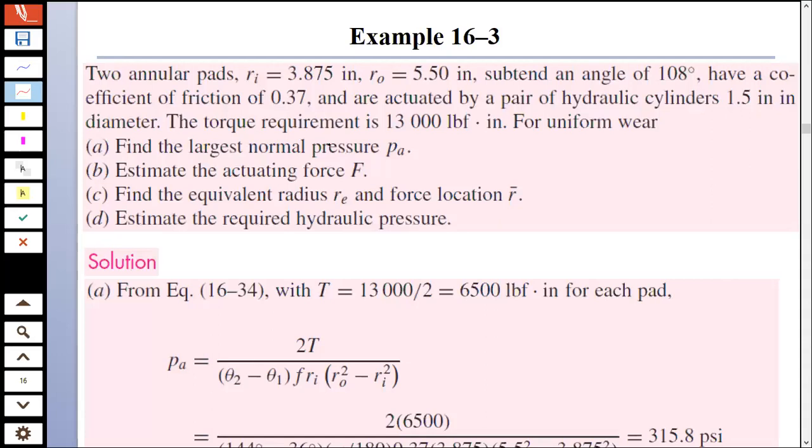Okay, now let's look at this example. This problem says that two annular pads.